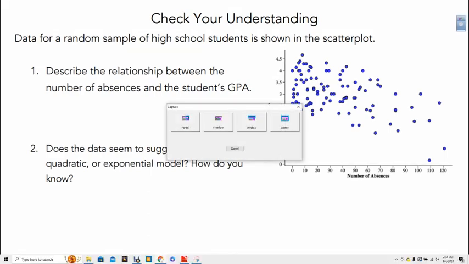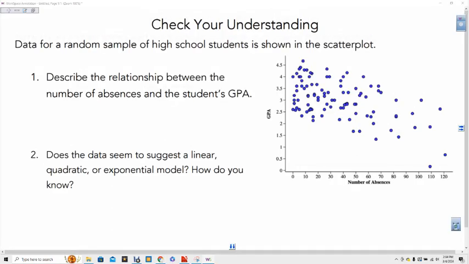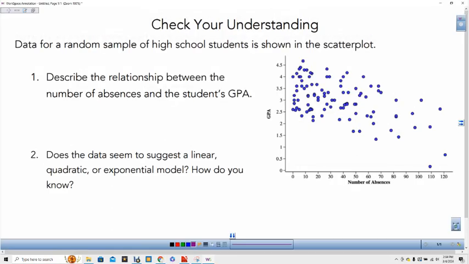understand, when you look at these pieces of information, when you look at these scatter plots, it is not going to be a linear expression typically. There's going to be things that are scattered. You're not going to have someone with 40 absences that has exactly the same GPA across the board.